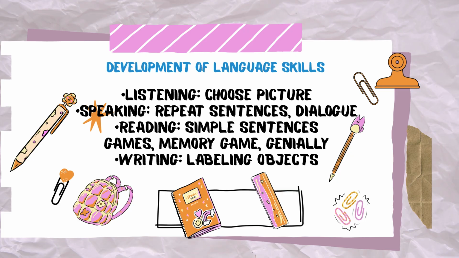Greeting is also included at a very basic level. At the end of the sequence, students label the object in their drawing. This allows them to write simple words with support and connect the language to their personal context.